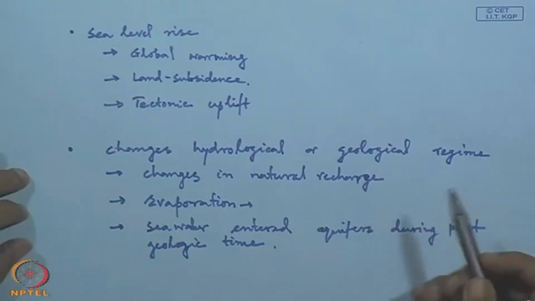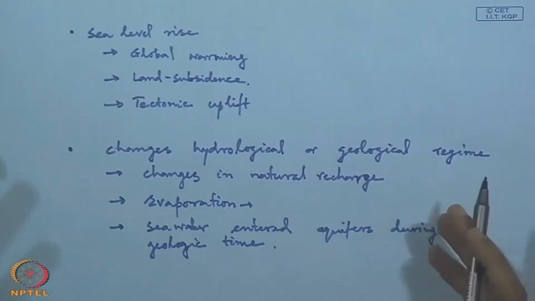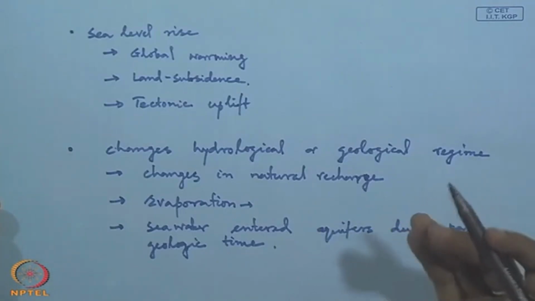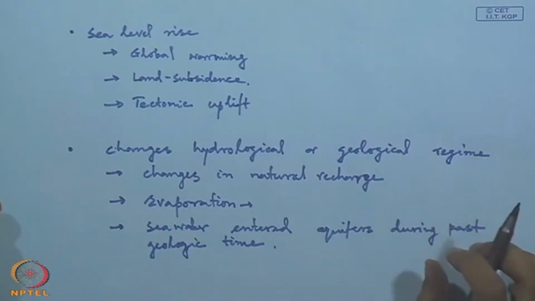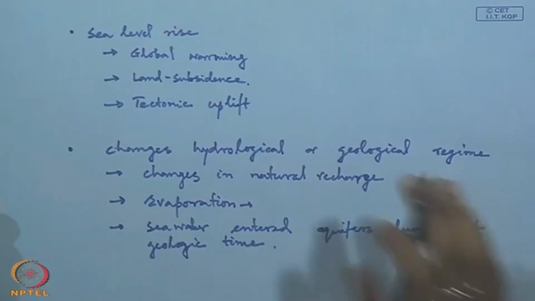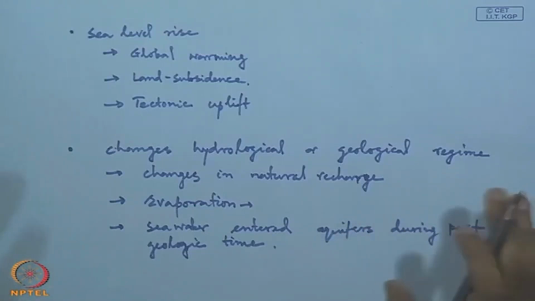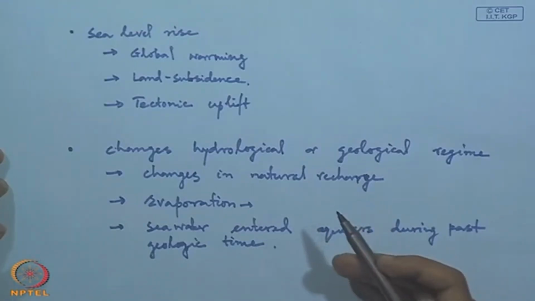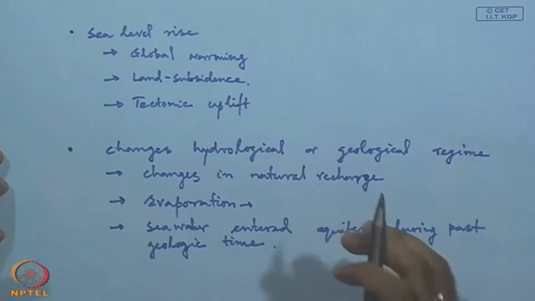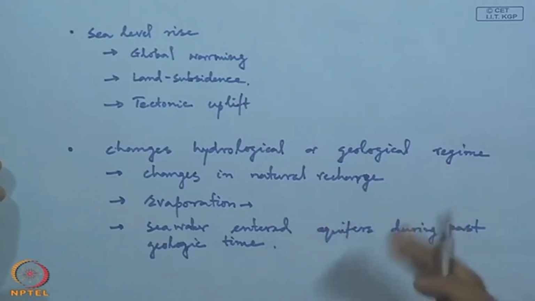Sometimes, due to different kinds of stratification, your fresh water may be at the lower strata compared to the sea water, which is at the topmost strata, or we can have situations where the sea water is located in the deeper aquifers due to some geological event in the past.